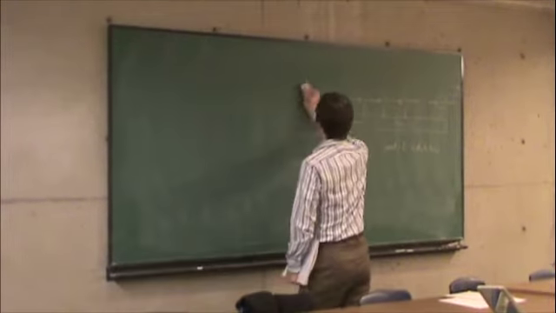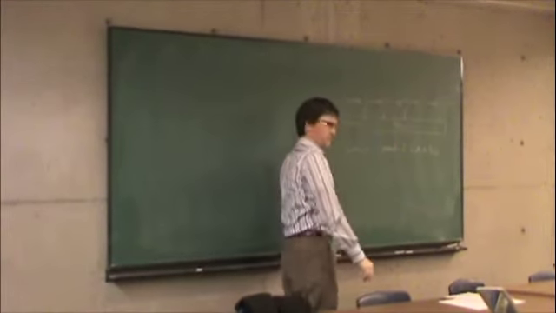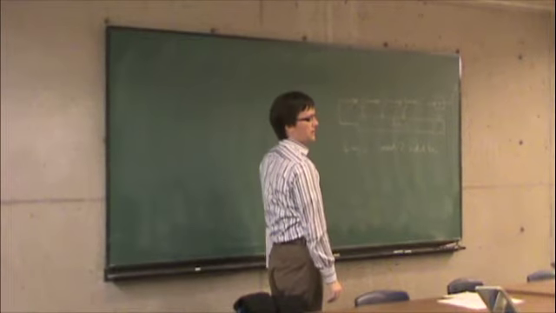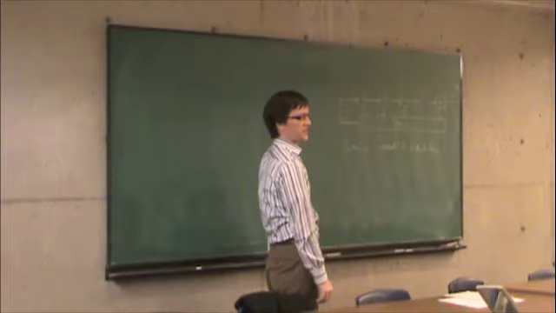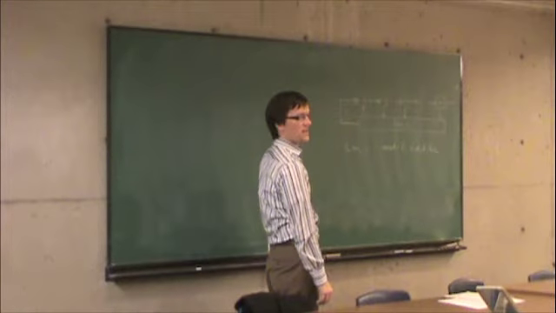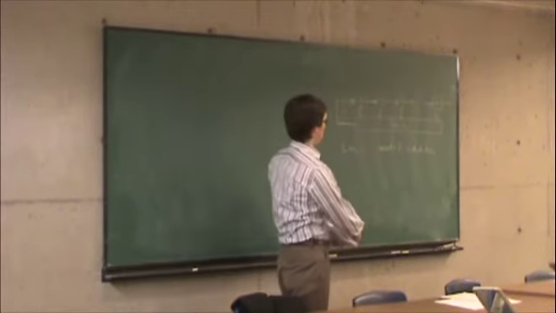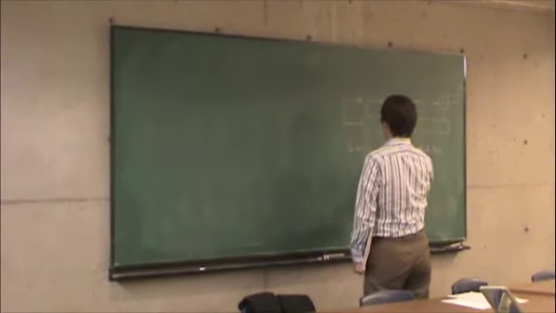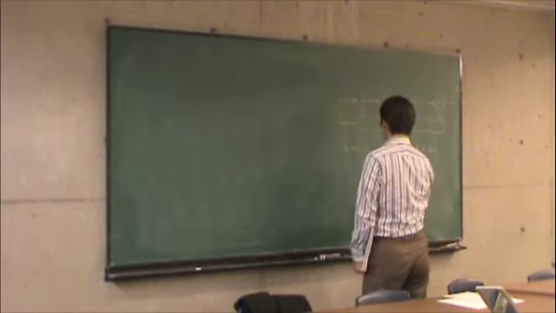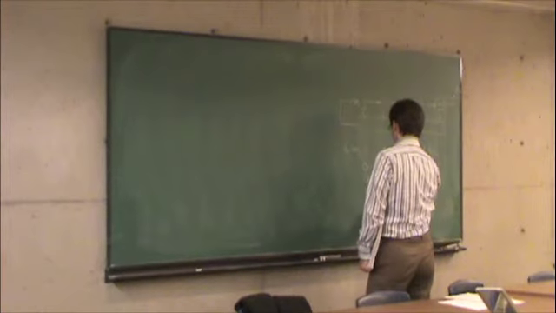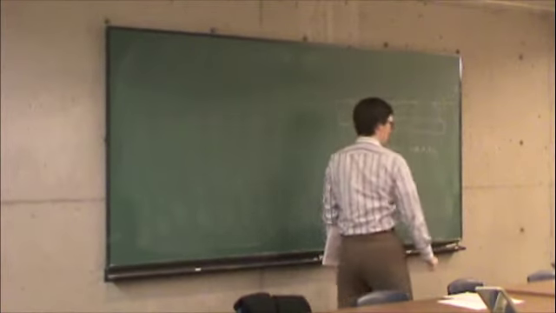What do we call mod 2 addition in logic? Does anyone know what mod 2 addition is? Mod 2 addition is this. 0 plus 0 equals 0, 0 plus 1 equals 1, 1 plus 0 equals 1, 1 plus 1 equals 0.